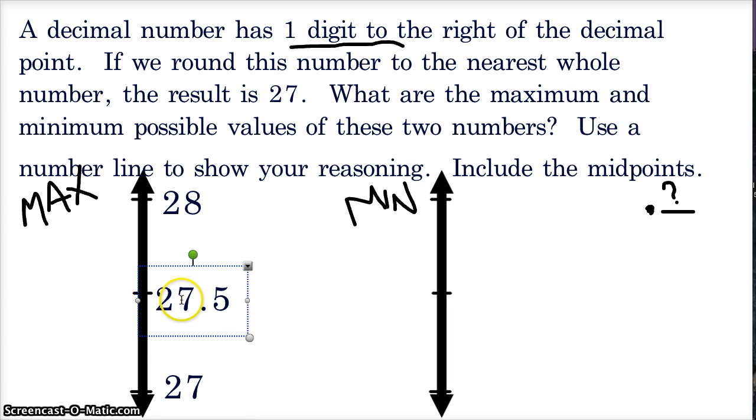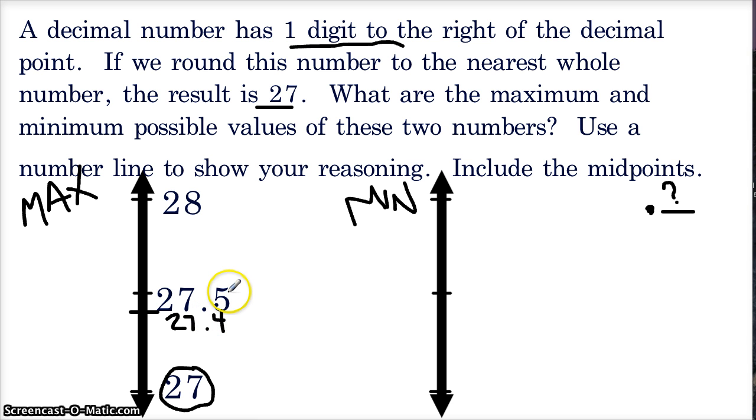What is the highest number I could possibly put with just one digit, just a tenths place, that would still result in us rounding to 27? The highest possible number would be right around there, and it would have to be 27.4.